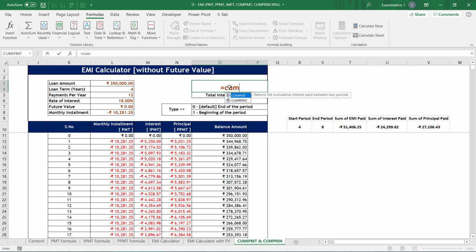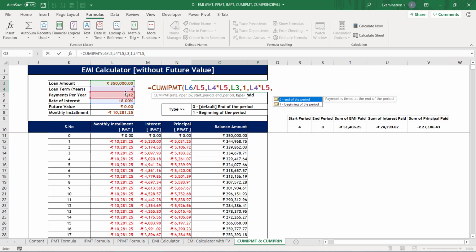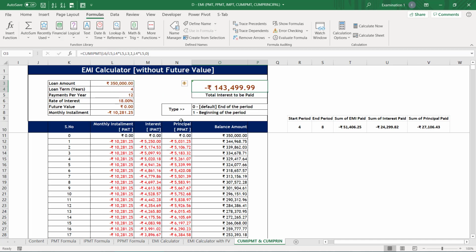Equal to cumulative interest payment, rate this divided by total number of payments in a year, comma, NPER 4 multiplied by 12, comma, present value this much, comma, start period is going to be 1 and end period is going to be this multiplied by this, 1 to 48th term, comma, 0, bracket close, and this is exactly the same number.